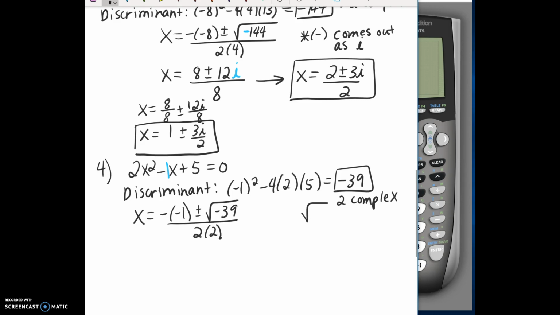If you were to break down 39, you can do 3 times 13, both prime numbers, no pairs, so you can't pull anything out except for the negative sign. So you keep the 39 in, but you bring out the negative as an i.